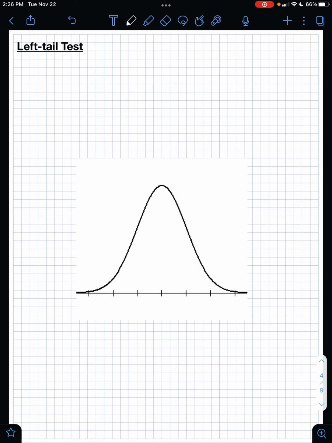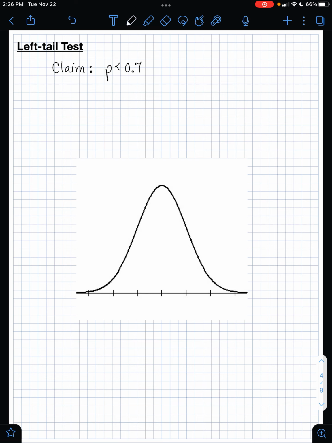So, there are three types of tests depending on what the nature of the hypotheses are, and where we're trying to see the extreme value. So, for example, suppose we are given a claim that a proportion is less than 0.7.